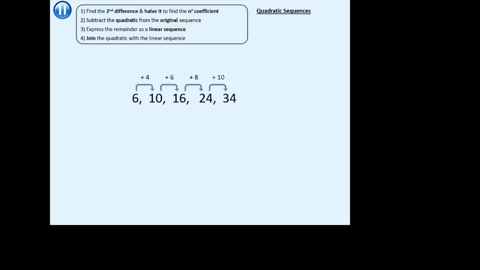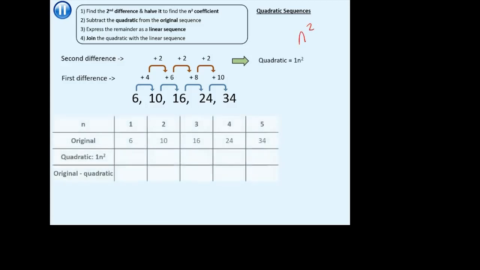We're going to find the first difference first, and then we're going to find a second difference. Plus 2, plus 2, plus 2. That's nice and consistent. I'm going to halve the 2, which gives me 1n squared. You can also write here n squared. Both are fine. I'm going to throw in a little table. I'm going to work out what my square numbers are, which is 1, 4, 9, 16, and 25.